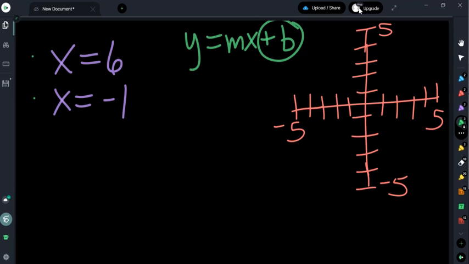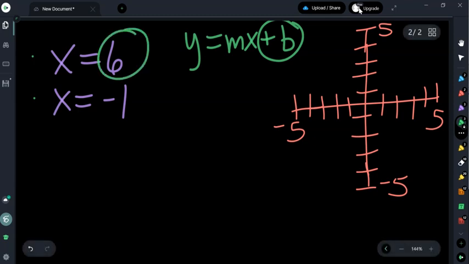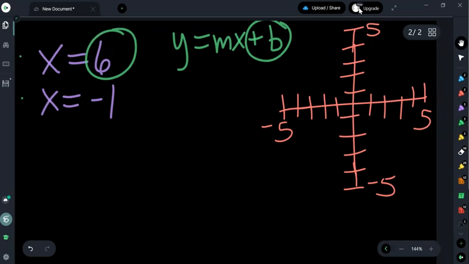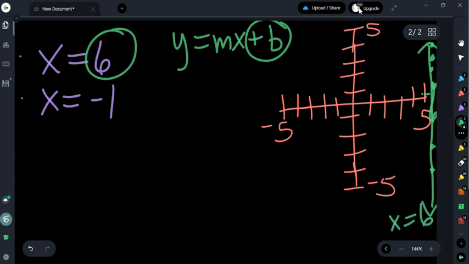Let's check out this first one. If x is always 6, what that means is every point is going to have an x of 6: (6, 1), (6, 2), (6, 3), (6, 4), (6, -3), (6, -4). This is just going to be a nice vertical line where x is always 6.